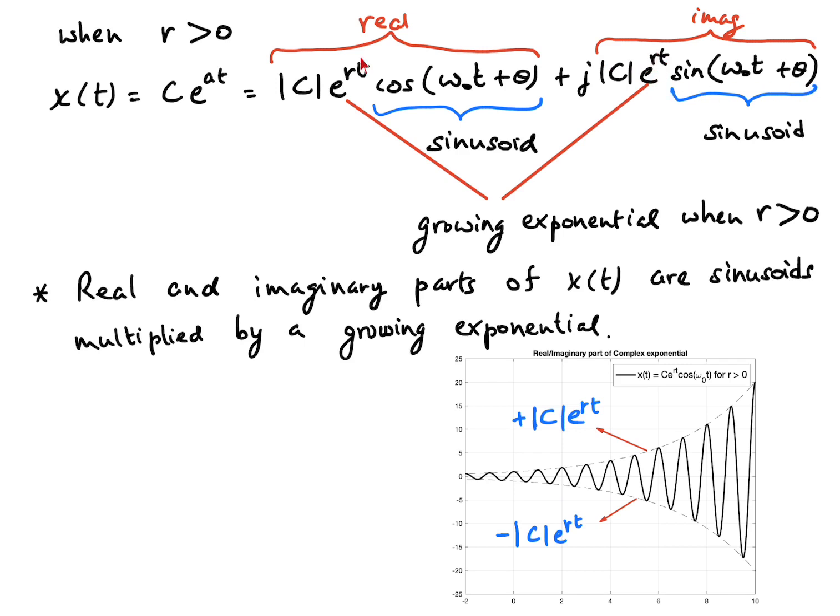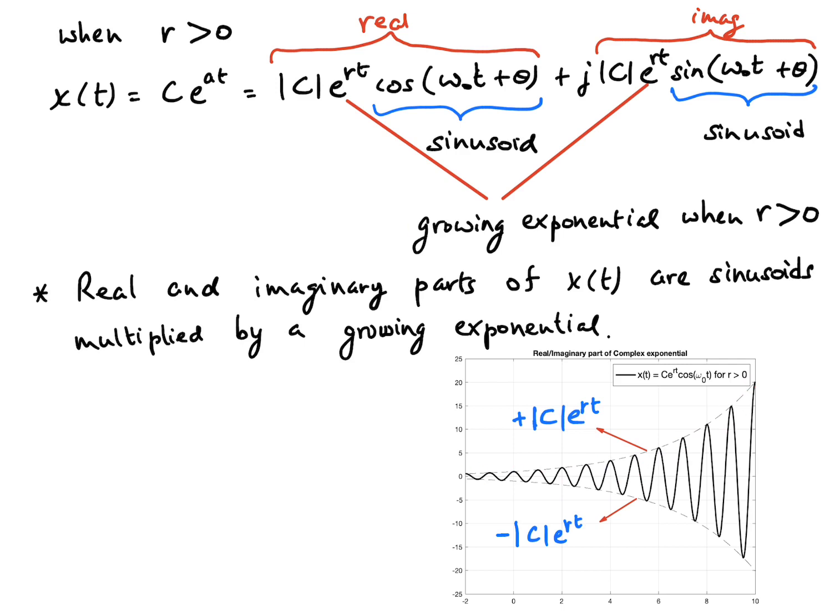Now here r is chosen to be greater than 0, so e power rt is going to be a growing exponential, right? So e power rt for r positive is going to be increasing in its envelope.